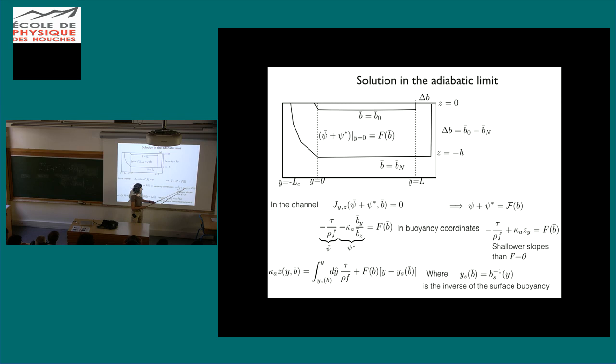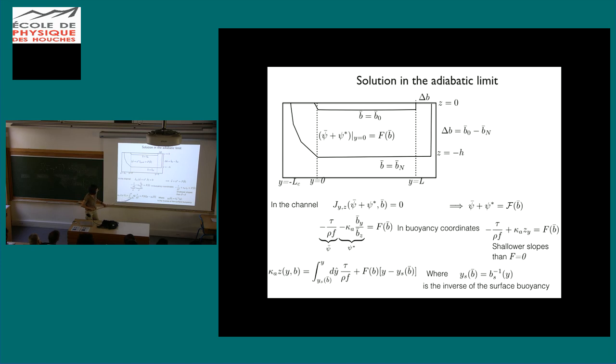So z is a function of y and b bar. You know the wind, that's a function of y, known. You know f, the Coriolis parameter, that's a function of y, known. And this you don't know, but fortunately it's only a function of b, so you can integrate this. And so there it is, the solution.